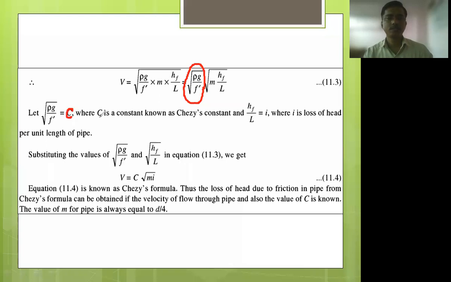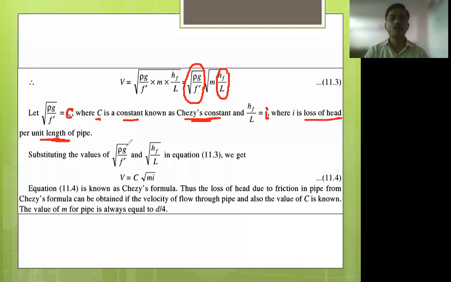And what is this C? C is the constant which is known as Chezy's constant. hf upon l is equal to I, where this I is the loss of head per unit length of the pipe. How much loss will occur in 1 meter of length, that is I, also called hydraulic gradient.